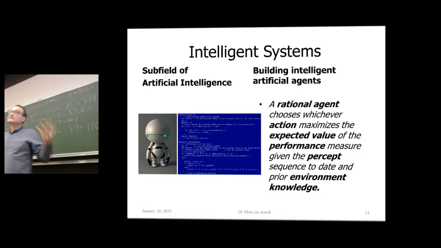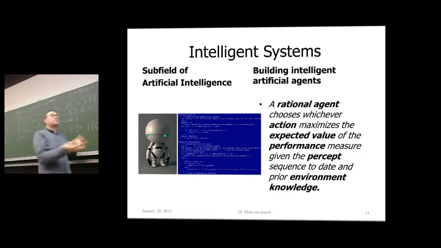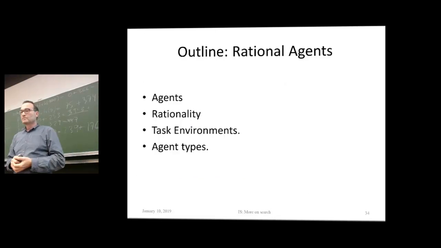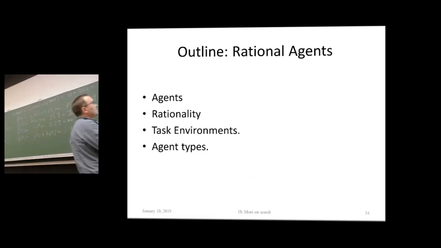And according to this understanding of the world, it tries to maximize some expected value of outcome. I will try to explain that in a little bit more detail later.